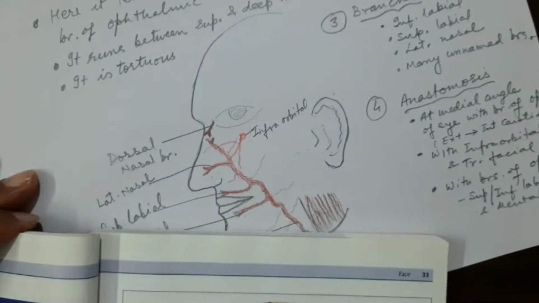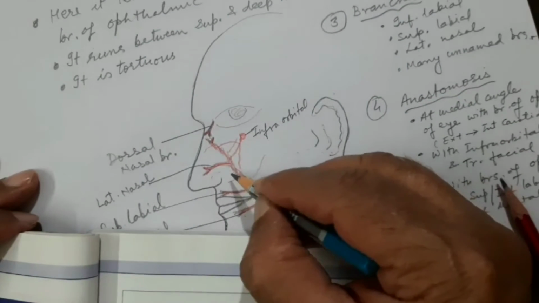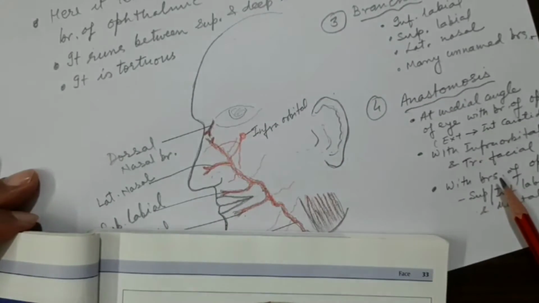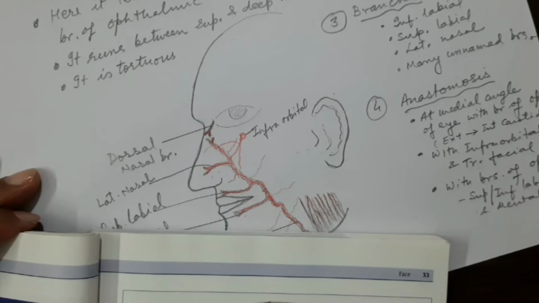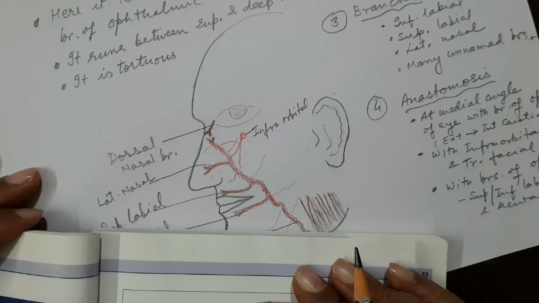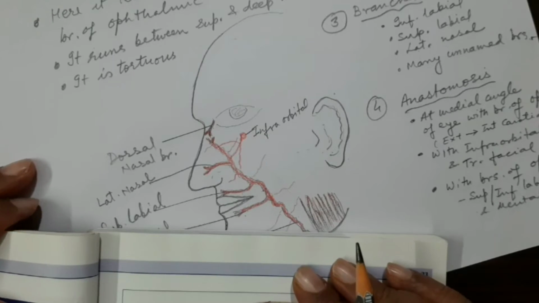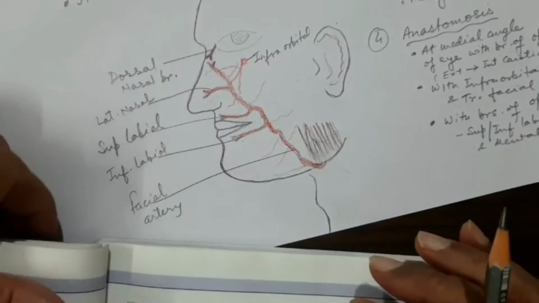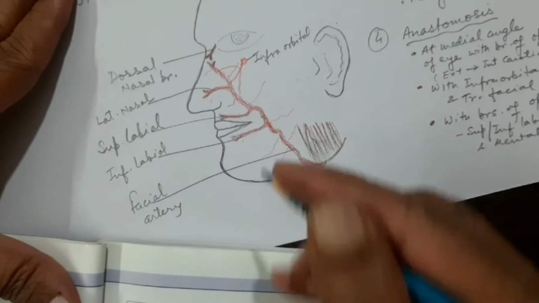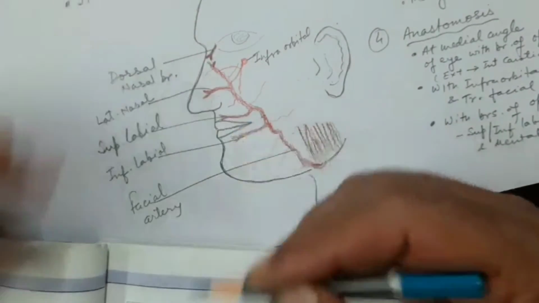And this infraorbital artery will also have its communication with the facial artery. Then another important communication is with the superior and inferior labial branches onto the opposite side.